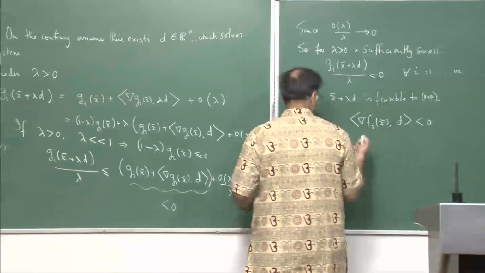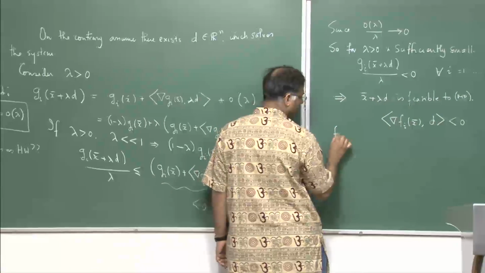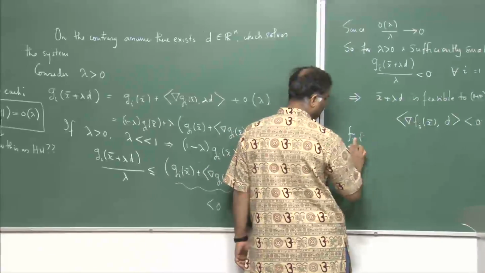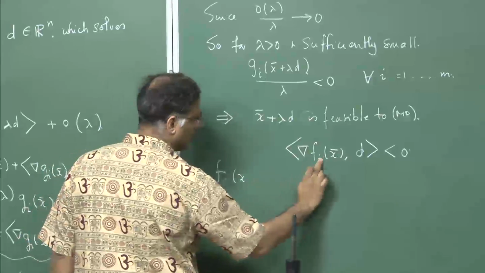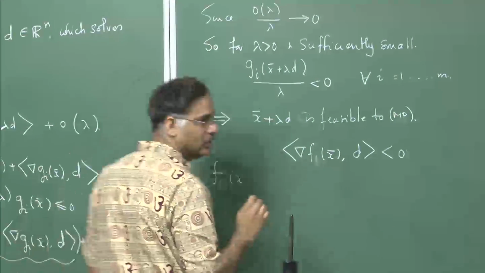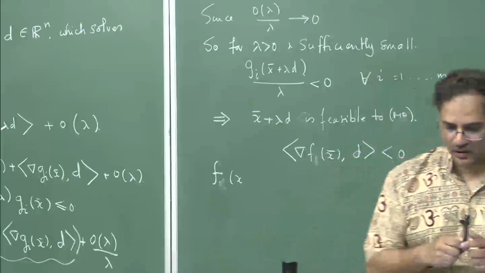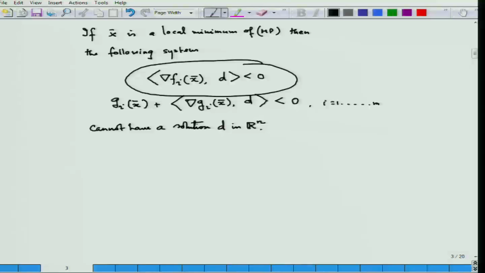Now, again we will take the help of the Taylor's expansion around x bar. Sorry, there is no f_i, it is only f. Have I written f_i? Sorry, there is no f_i, I made a mistake, it is only f, because there is only one objective.